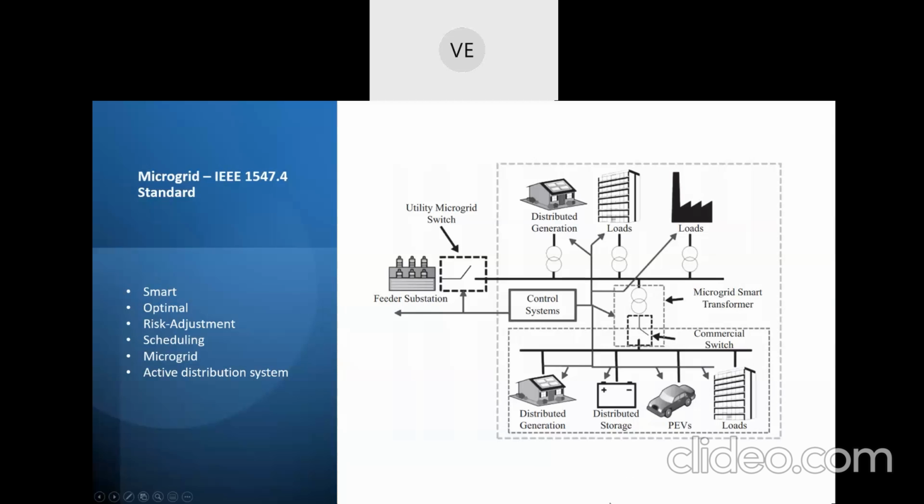What are the uncertainties? Renewable energy itself is uncertain, right? That is the cause of deviation from the schedule. One of the causes of deviation from the schedule. Then the distributed storages, the uncertainties in state of charge. Then for plug-in electric vehicles, there are uncertainties in the trips of the vehicle, right? So based on the trips of the vehicle, SOC can change, or the number of electric vehicles which is expected to be in the parking lot itself can change.